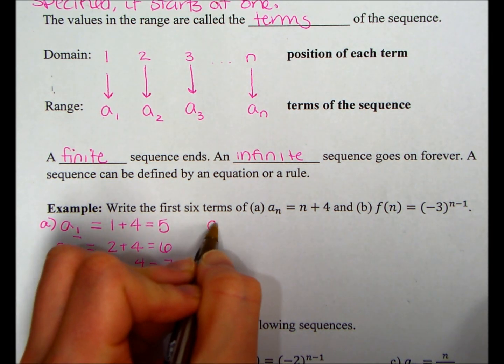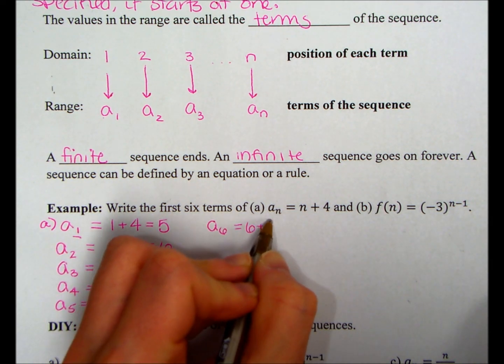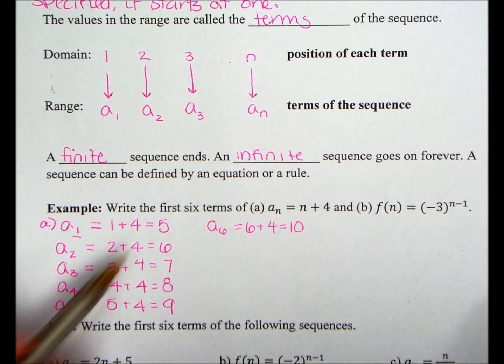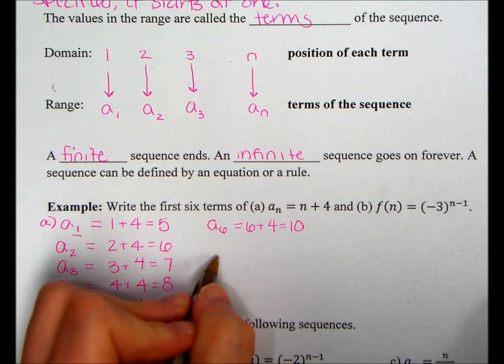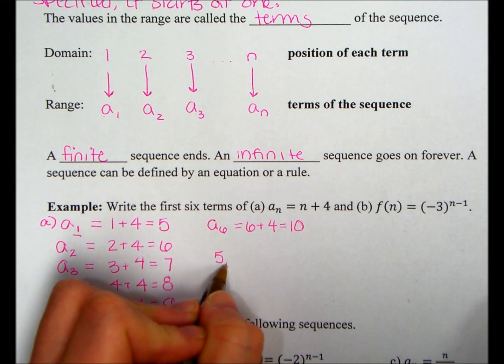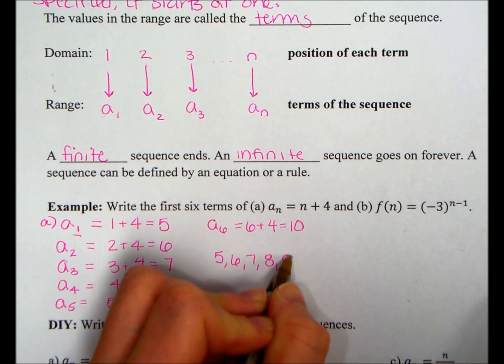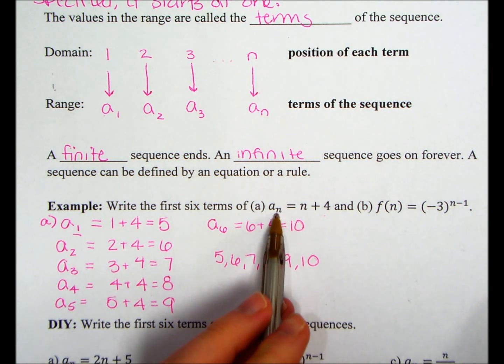And then my sixth term, my final term that I'm looking at here, plug in 6 for n, plus 4 gives me 10. Now, this is kind of a clumsy way to write all of this, so what we can do is just list out these numbers: 5, 6, 7, 8, 9, and 10. And those are my first 6 terms of this sequence right here.